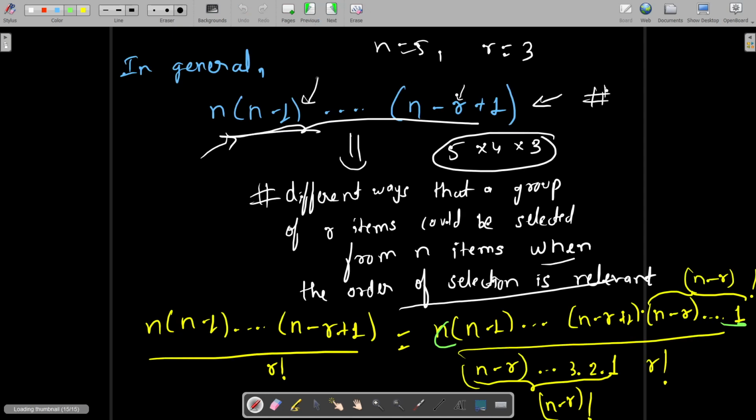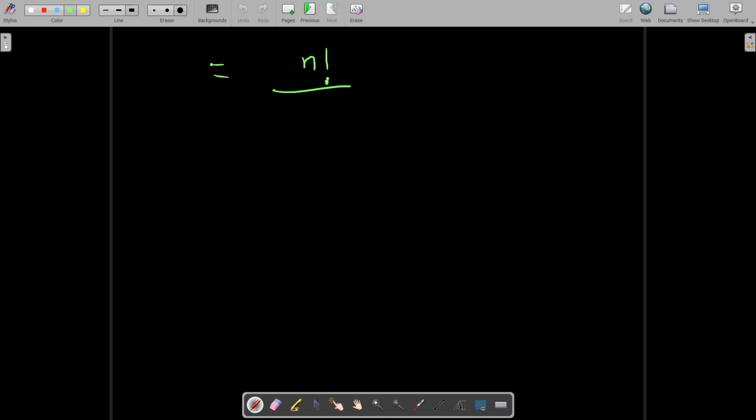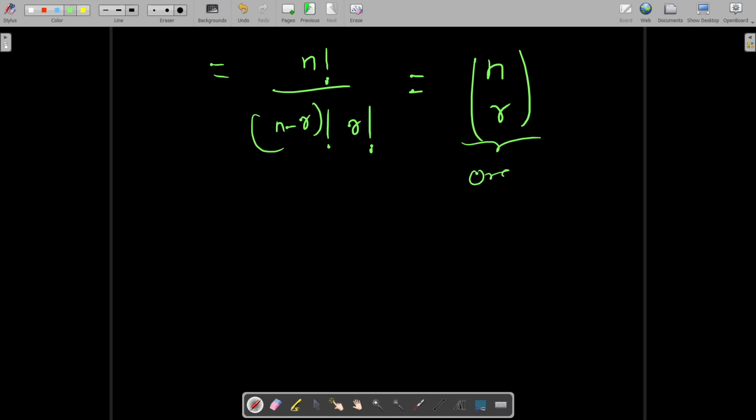And in the denominator we already have n minus r factorial, and r factorial was already there, and this you already studied in your high schools, that this is the definition of nCr. And now we will say that the order doesn't matter. So when we say this definition of nCr, when we divide by r factorial, we say that the order of selection doesn't matter here.